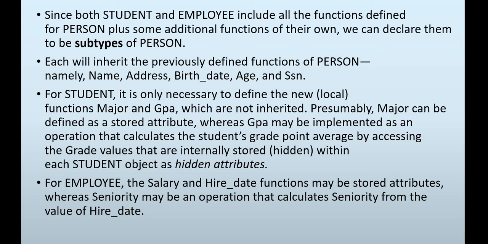For student, it is only necessary to define two new local functions, major and GPA, which are not inherited. And for employee, the salary and hire date functions are stored attributes, whereas seniority may be an operation which can be calculated from the value of hire date.